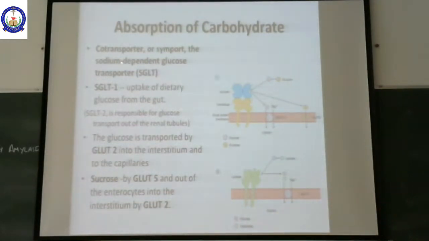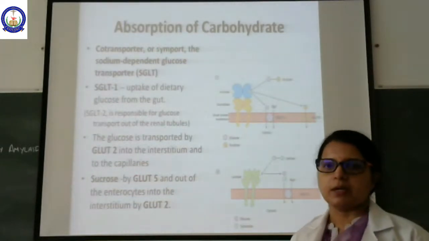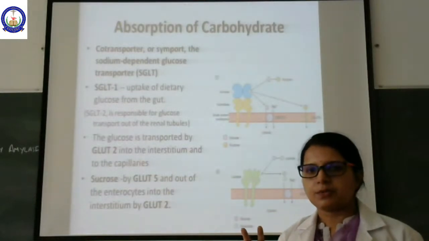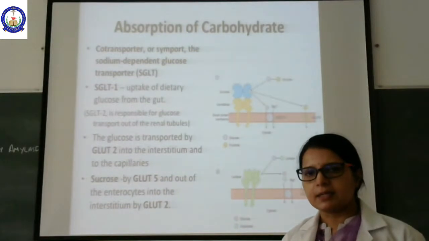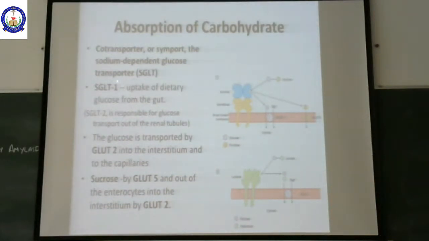So the carrier protein which is involved in the absorption of sodium and glucose is the SGLT. SGLT stands for sodium glucose transporter. There are two different types of these carrier proteins, SGLT1 and SGLT2. In the intestinal mucosa, SGLT1 plays a very important role.